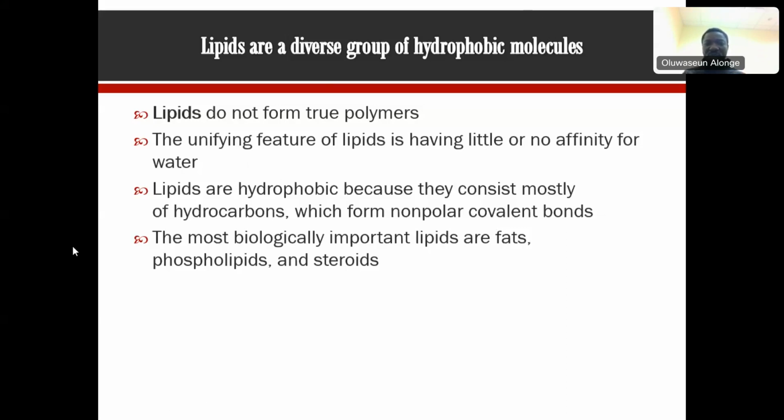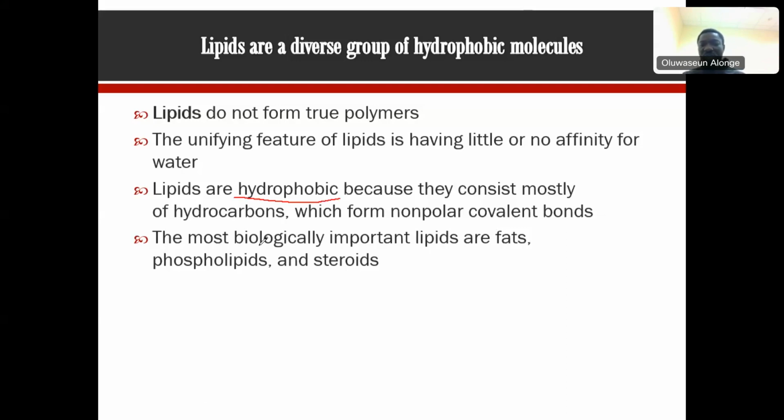The reason for that is that they are mainly hydrocarbons, which form non-polar covalent bonds, whereas water is polar, and polar and non-polar substances do not mix. And you remember water being a polar compound, because of the electronegativity of oxygen in that relationship.